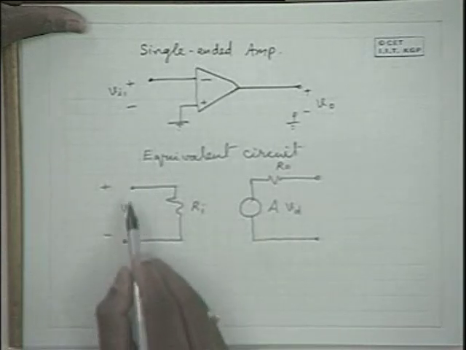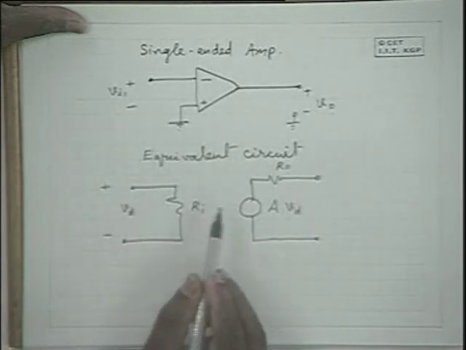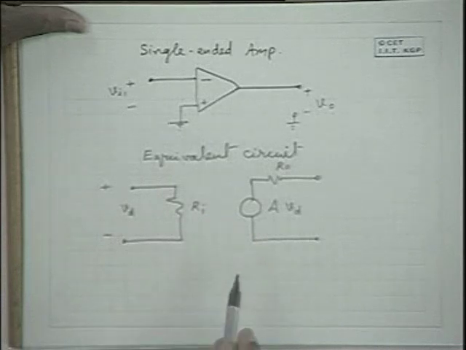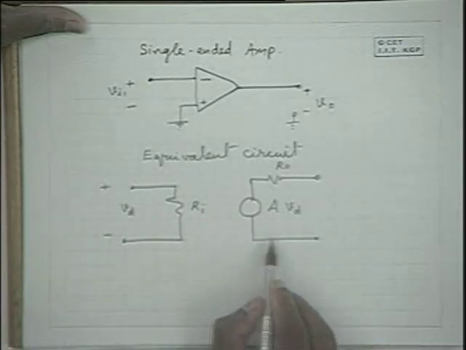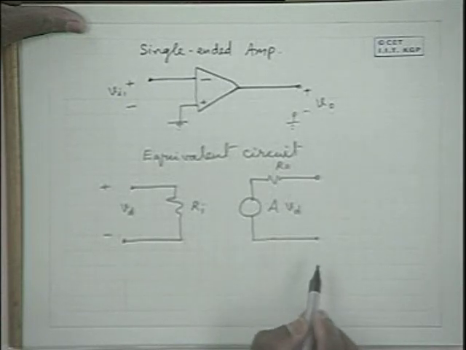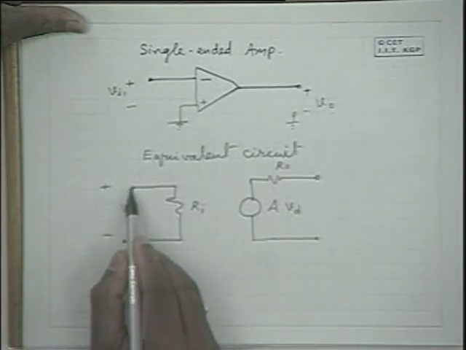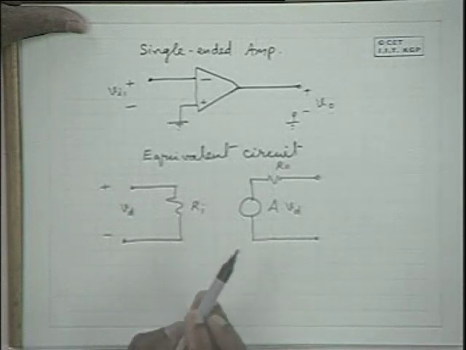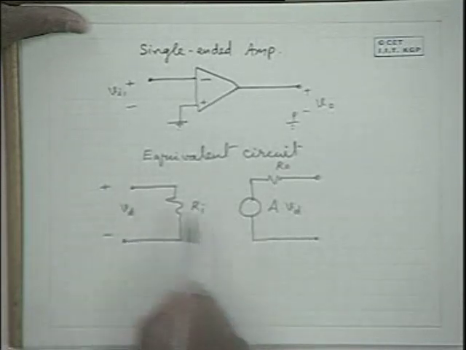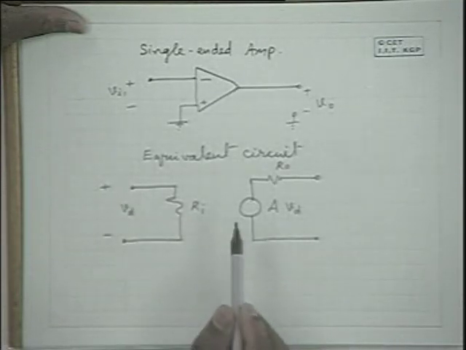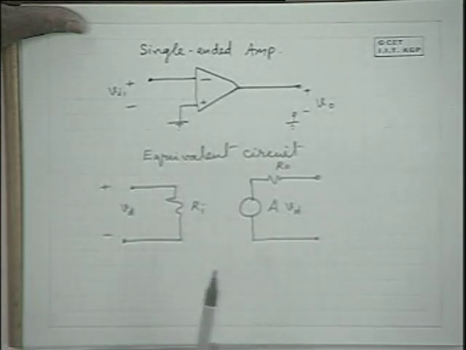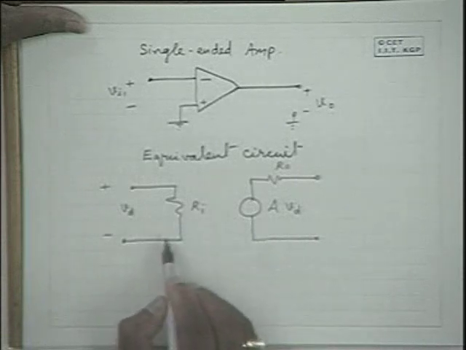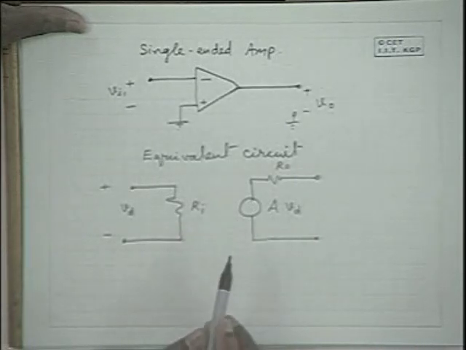And please note that the input can be isolated from the output terminals. If you ground one of these terminals here and ground this terminal, then there is a common reference between the output and input, and it acts like a single-ended amplifier. Otherwise, these two are isolated.